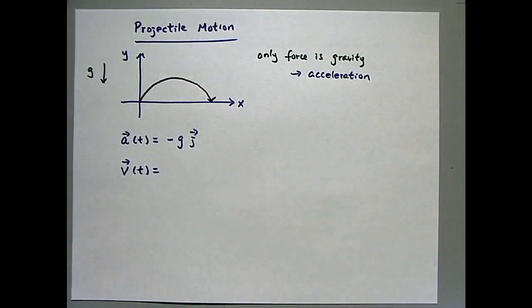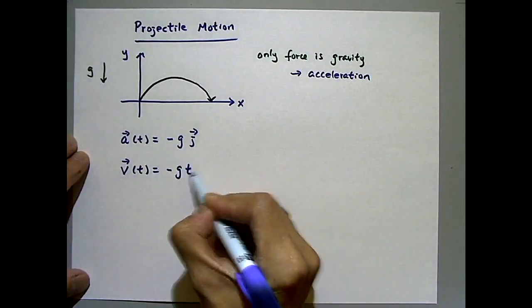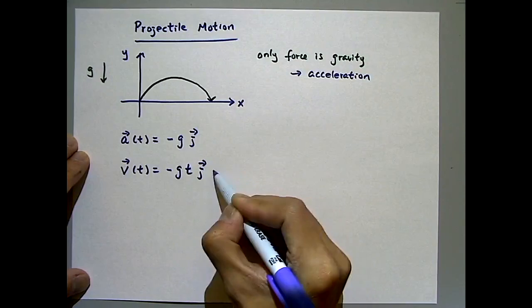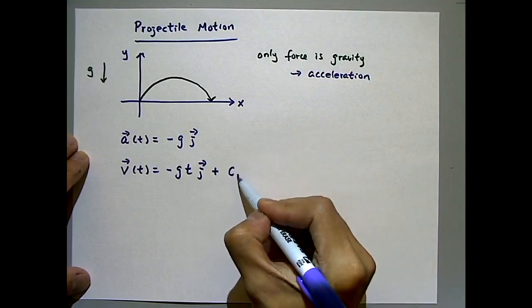When I integrate that, it's very simple. We get negative gt j plus some vector constant of integration, c1.